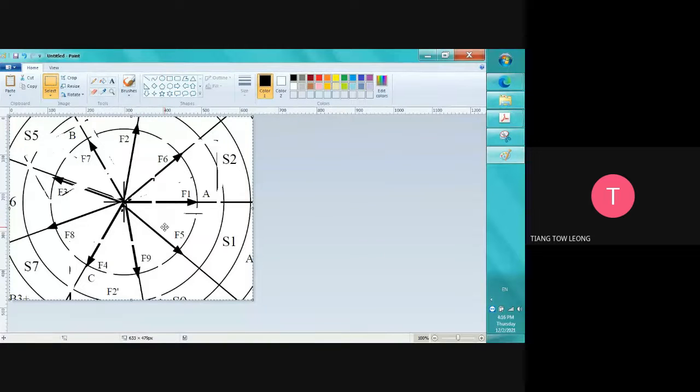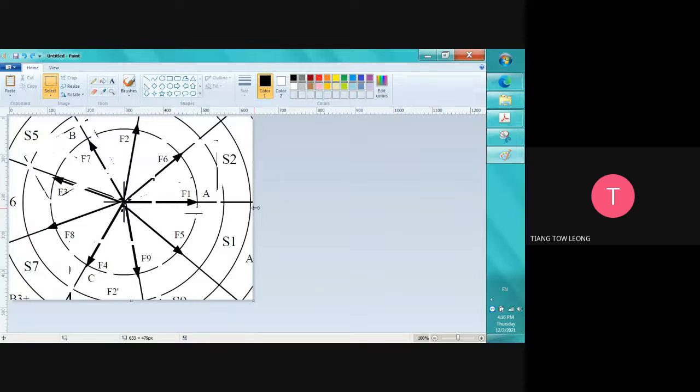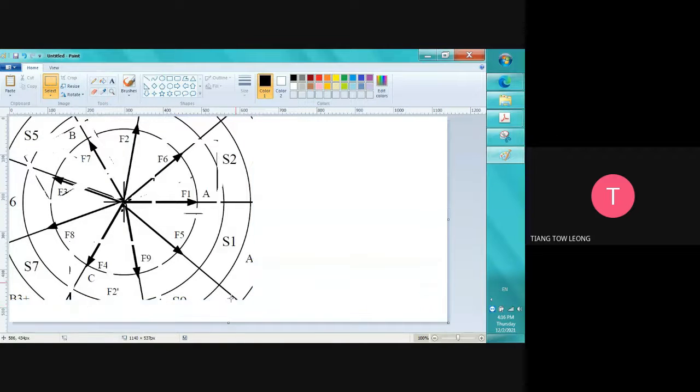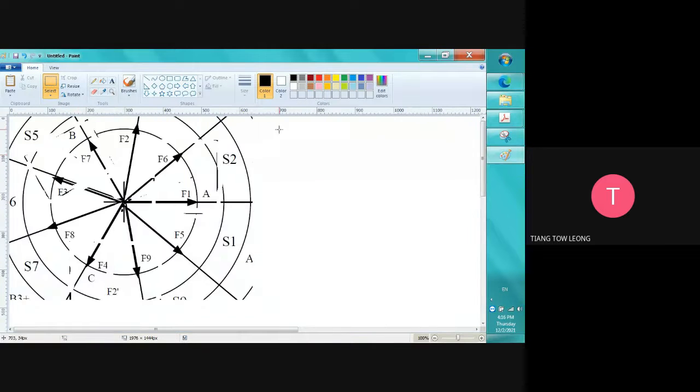Initially, when we settle all the placing of the values, it becomes like this. And then when we want to choose, it becomes a problem.